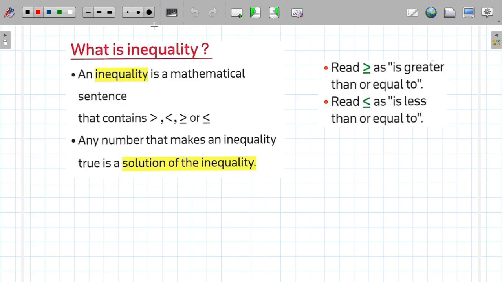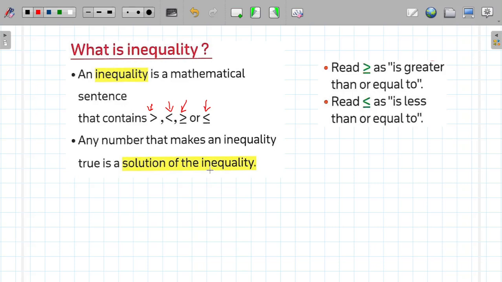The inequality is a mathematical sentence that contains the signs greater than, less than, greater than or equal, and less than or equal. Again, this is greater than, this is less than, this is greater than or equal, and this is less than or equal. And any number that makes the inequality true is a solution of the inequality.